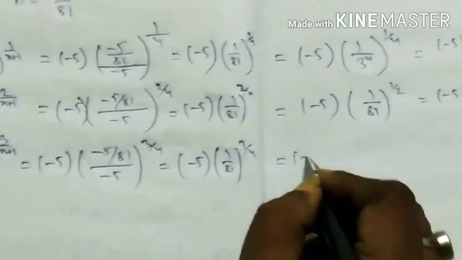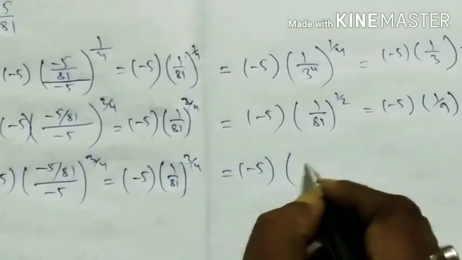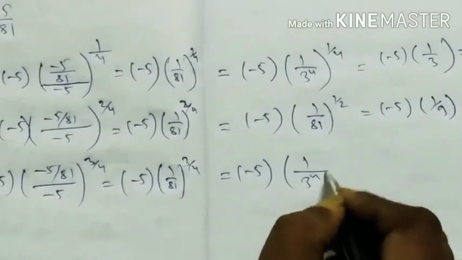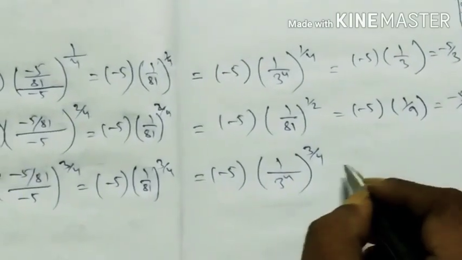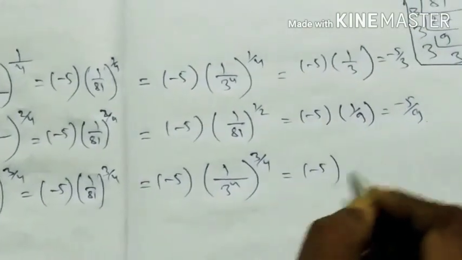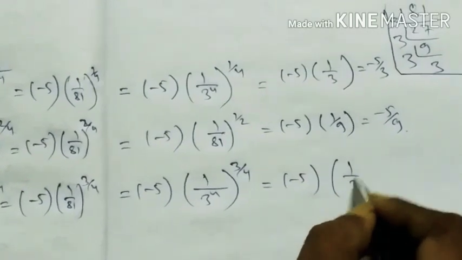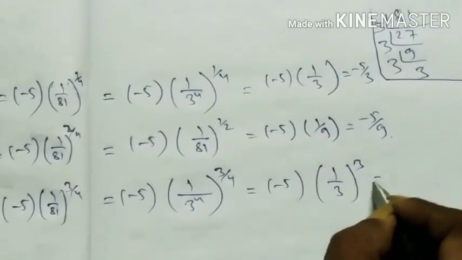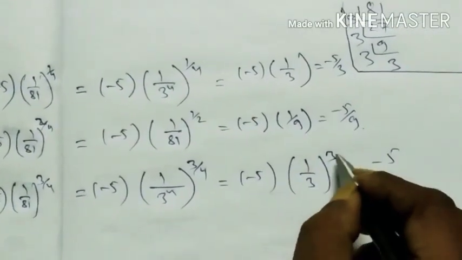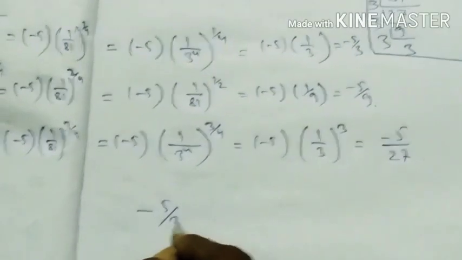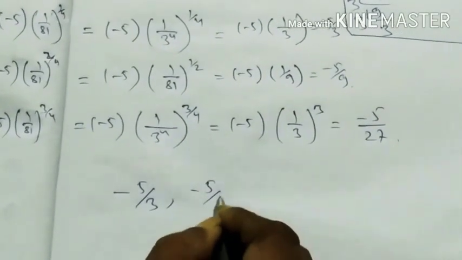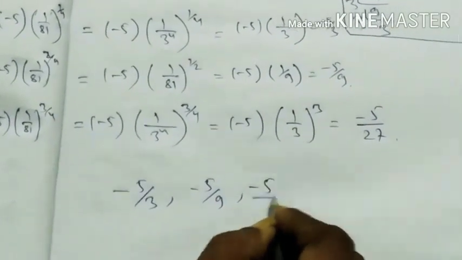I can write here 1 by 3 to the power of 4, to the power of 3 by 4, this 4 cancels out, so minus 5, 1 by 3 to the power of 3, so this will be minus 5 by 27. So my answer is minus 5 by 3, minus 5 by 9, and minus 5 by 27. Let me see the answer.